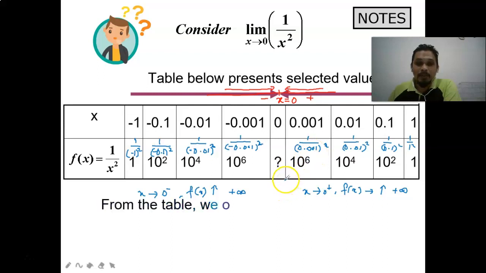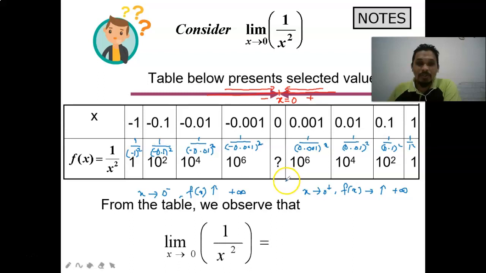So from the table we observe that the limit as x approaches 0 of 1 over x squared, for both left and right, increases. So we come up with the conclusion that the limit as x approaches 0 equals positive infinity.